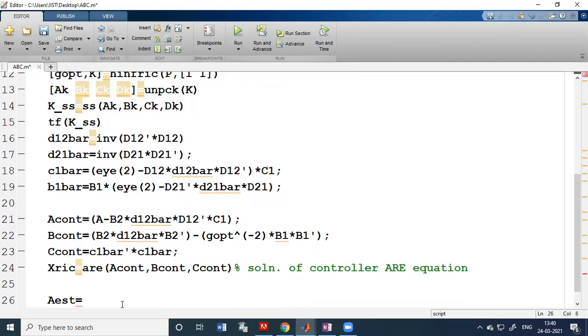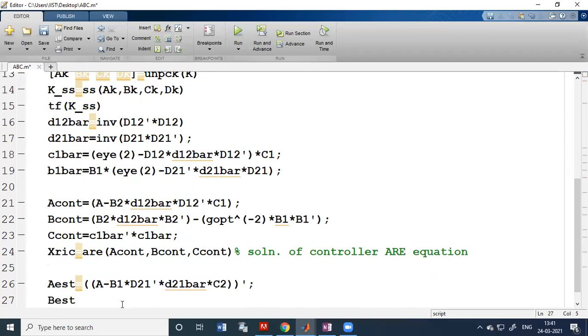A minus B1 into D21 transpose into D21 bar into C2, whole transpose. Then what will be here? C2 transpose D21 bar.